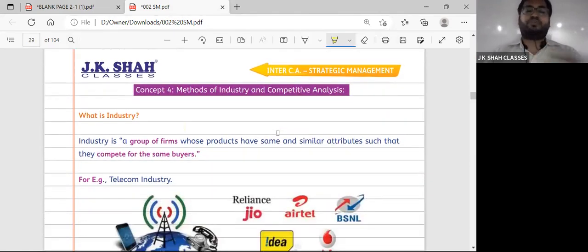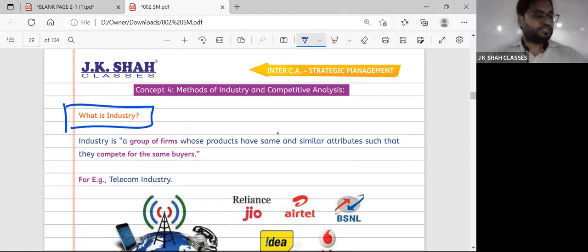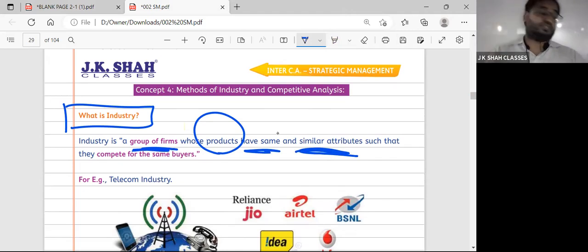Methods of industry and competitive analysis. We start with our discussion of what is industry: a group of firms whose products have the same or similar attributes, attributes meaning features, such that they compete for the same buyers.